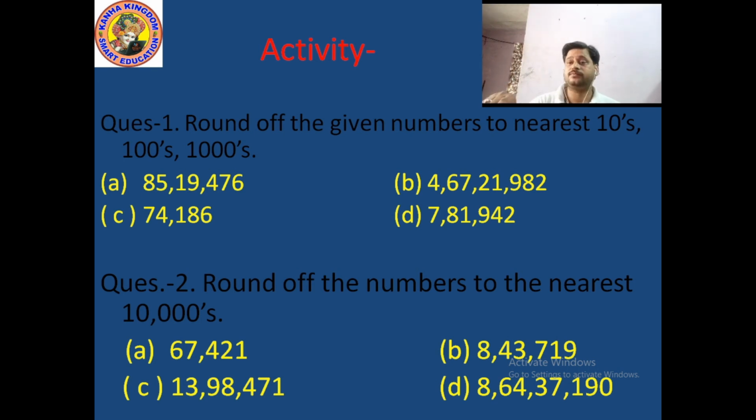But if the 1000 place value is 5 or more than 5, then you convert the 1000 place, 100 place, tens place and ones place into 0, but you have to add one more digit in the 10,000 place.